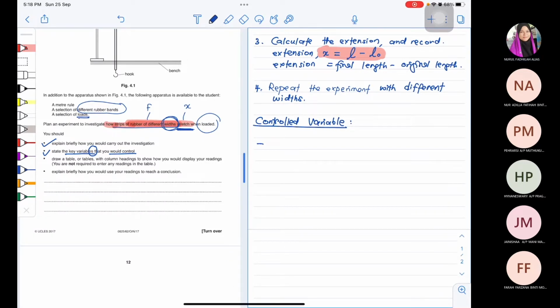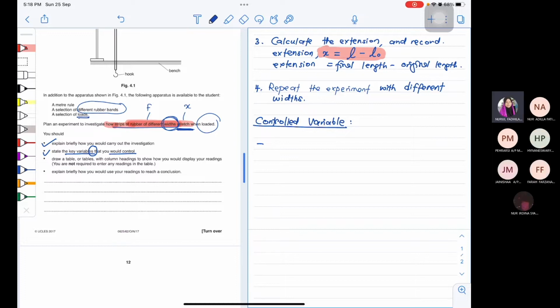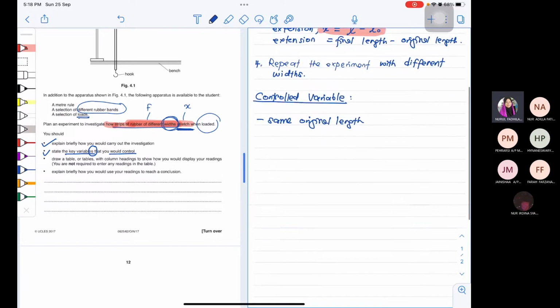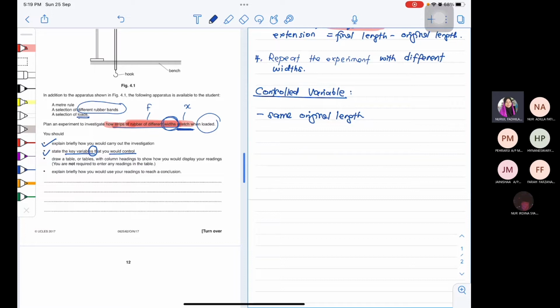So what are they? Make sure the mass of the load is the same, and the original length is the same every time you repeat the experiment. And of course the load must also be the same. Next.